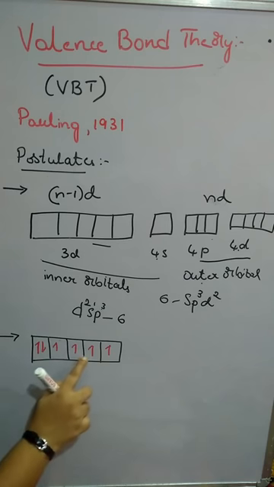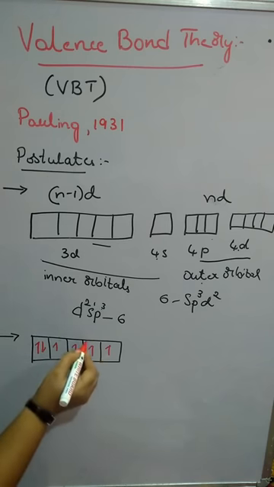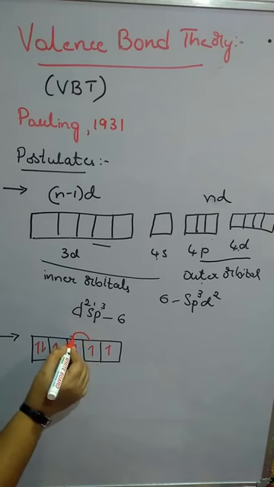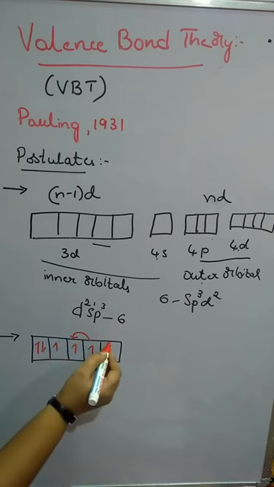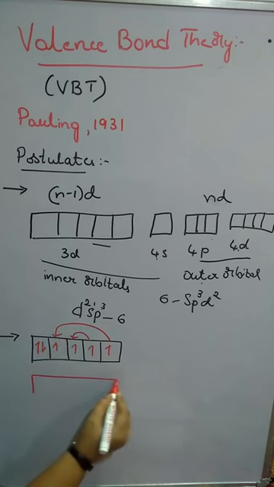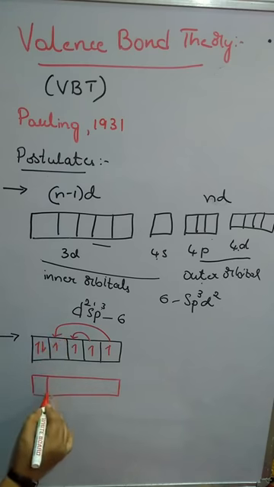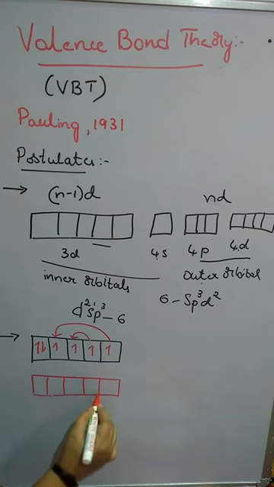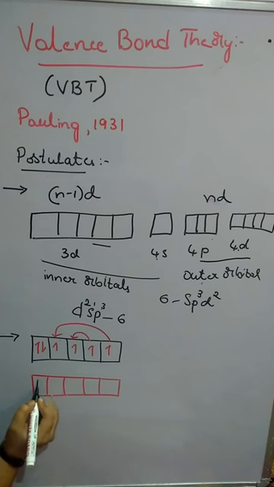So if there are unpaired electrons, an electron from one orbital may shift to another orbital, and then the electronic configuration may change.